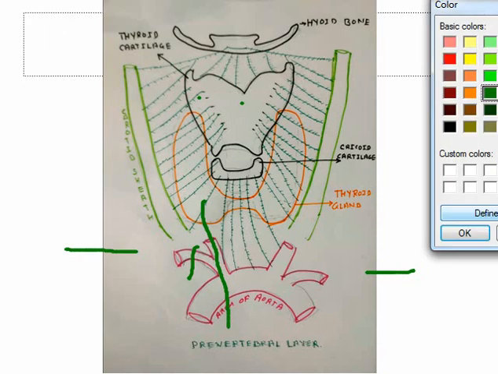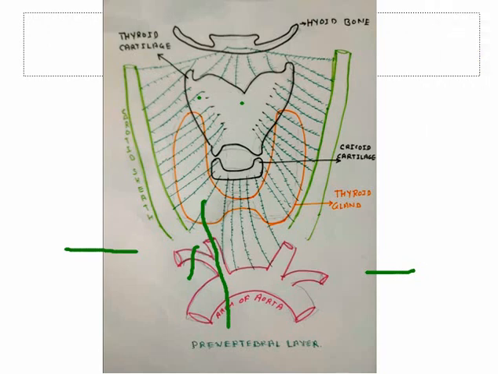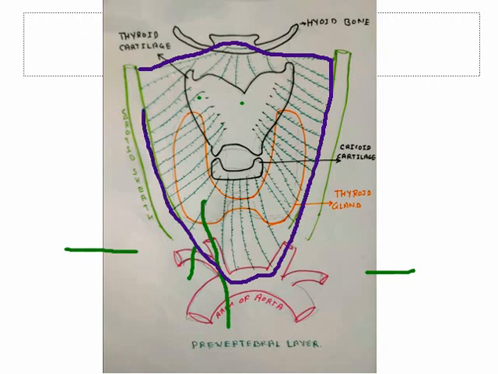I will draw it with dark blue color, the outline of the pretracheal layer, which is quadrilateral. So this is the pretracheal layer. Can you see this outline of the pretracheal layer?